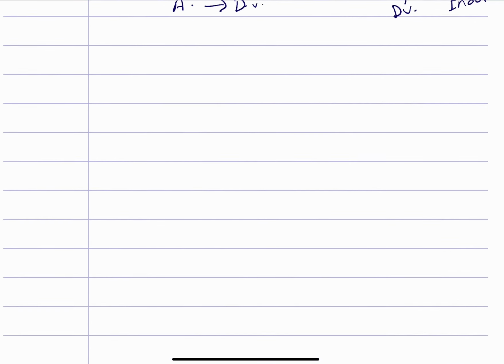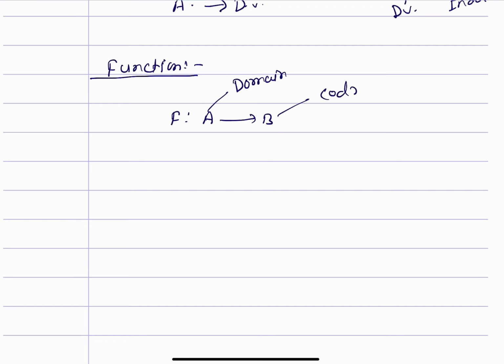Now let me define the function. Okay, what is called function? So basically we have f, it is a map from A to B, where A is the domain and B is the codomain.